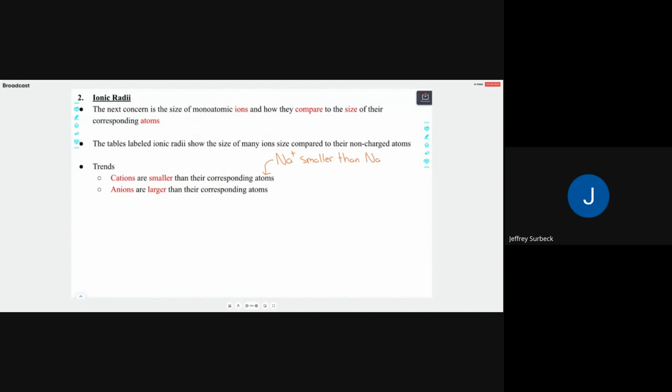Now, just the opposite is true on the right-hand side, the negative side. Your fluoride ion, F with a 1 minus charge, is going to be actually larger than the fluorine atom. Now let's take a little bit of time to explain why this is.